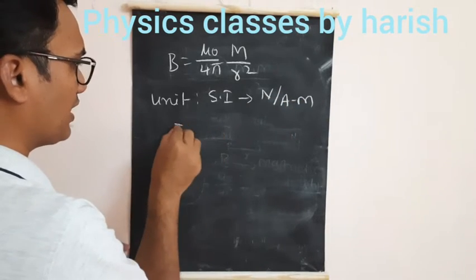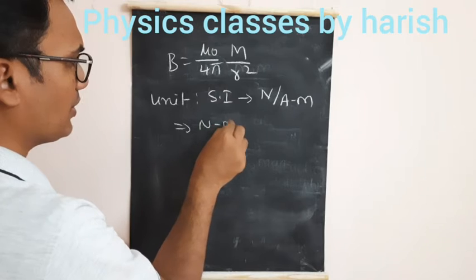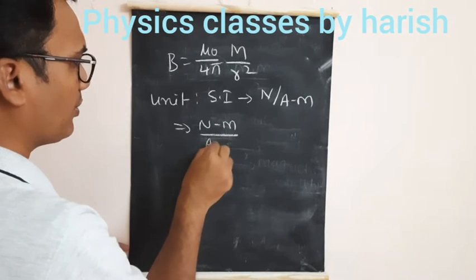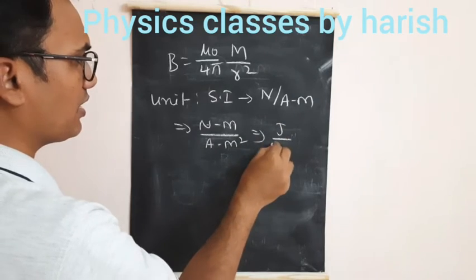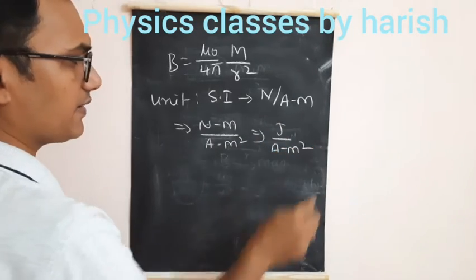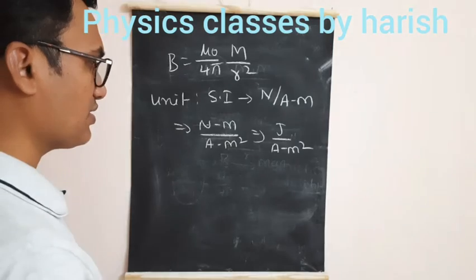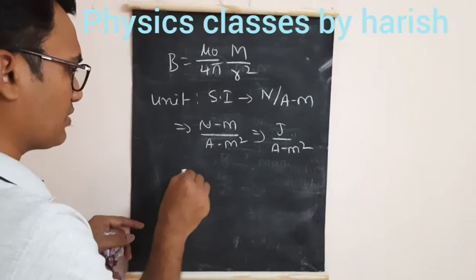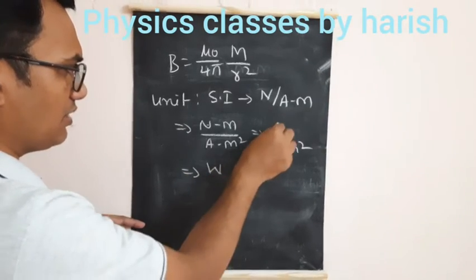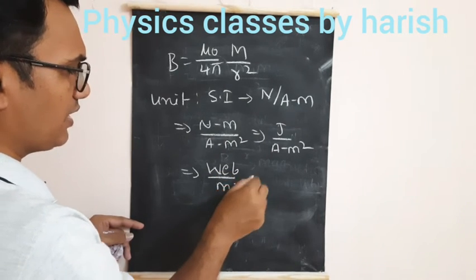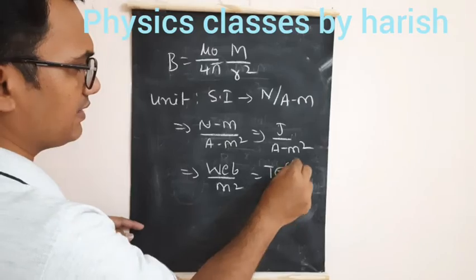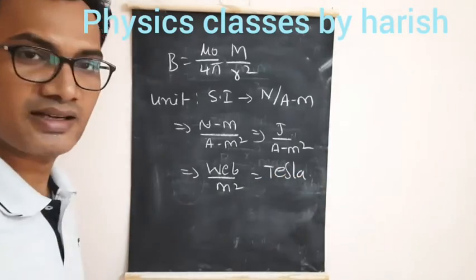This can also be written as Newton meter divided by ampere meter square. Newton meter is joule, so joule per ampere meter square. Joule per ampere is Weber, so it is Weber per meter square. This is also called Tesla.